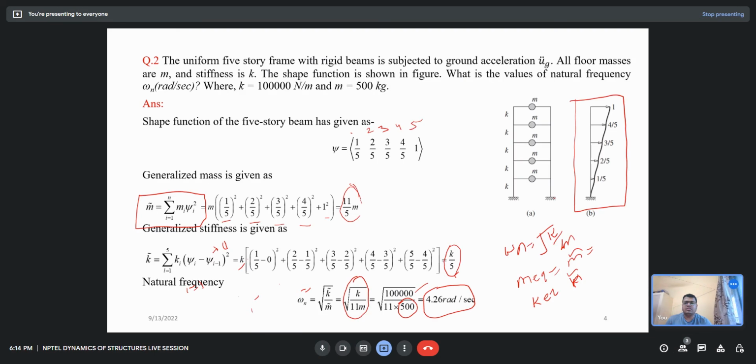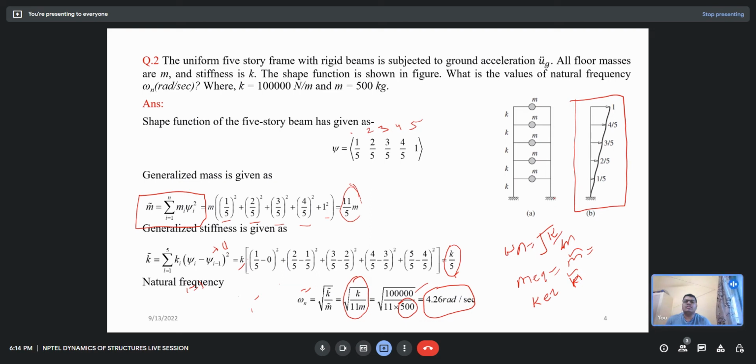Sir, I want to ask whether the shape function is the relative position of the mass. Shape function is related to the story. Is it the ratio of the mass on one story upon the total mass?